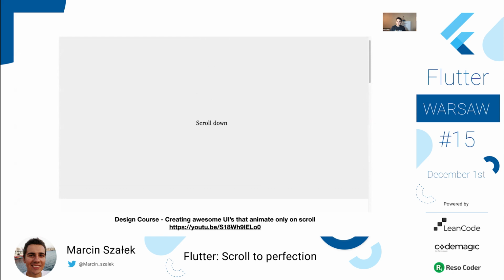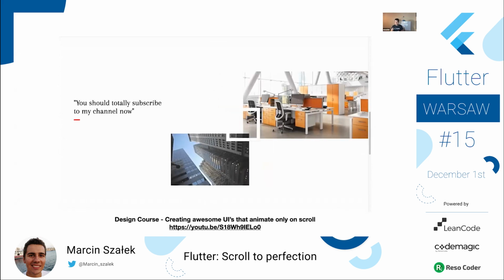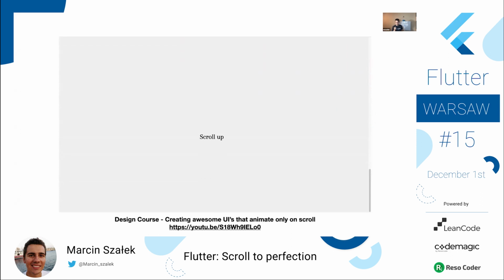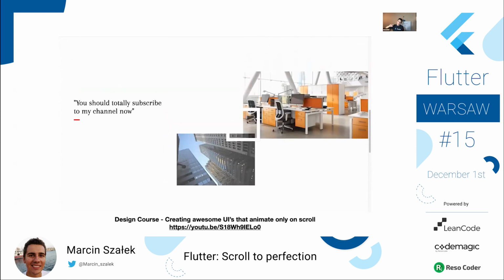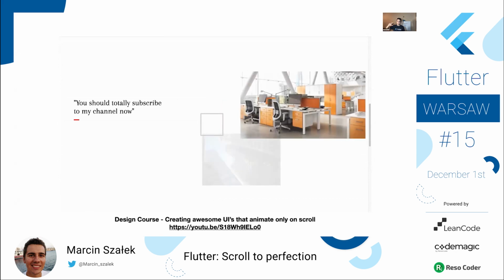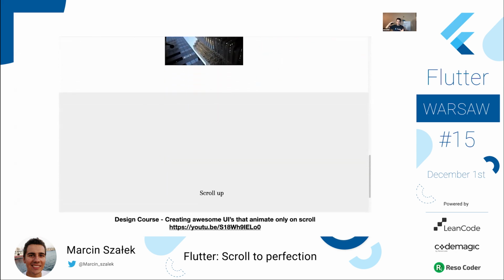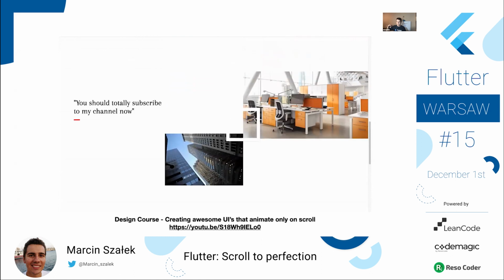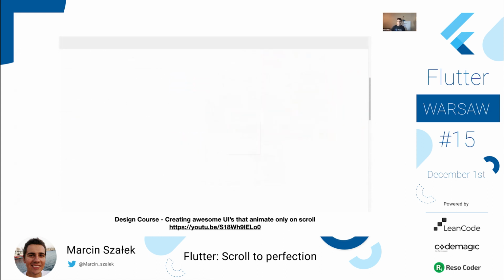Unfortunately, I will not show you how to implement this design, but I will just tell you that here is the design from Design Course YouTube channel. And you can see that there is the animation that is driven by the scroll. So you can see that the scroll is moving, the whole page is standing still, and the animation is reactive to the scroll.